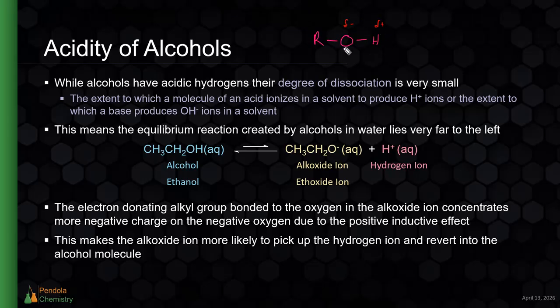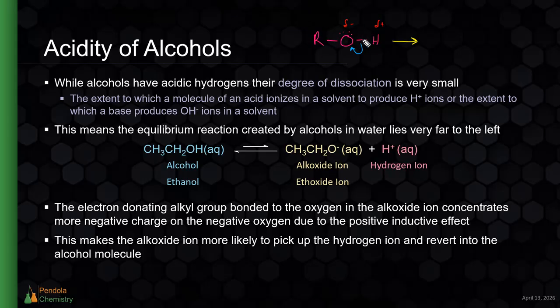That OH bond, because it's polar, could be broken by an external factor, like a base reacting with this alcohol. In that case, the electrons from our bond are going to be given to the oxygen in the alcohol. I'm going to put the lone pairs here just to show the difference.